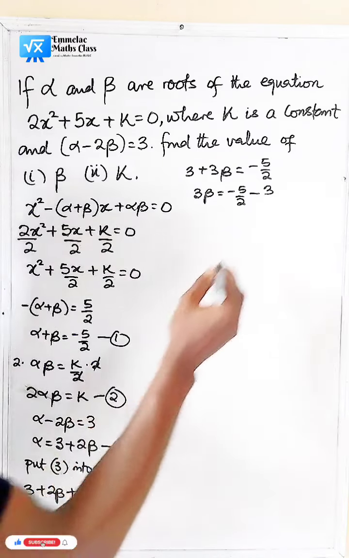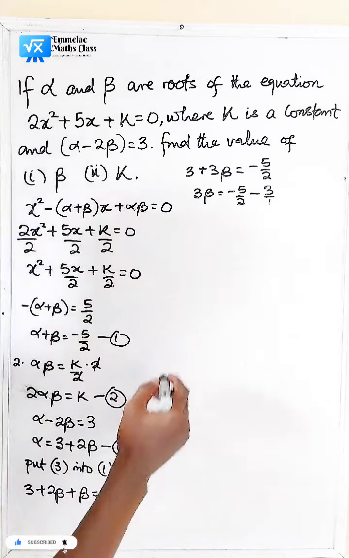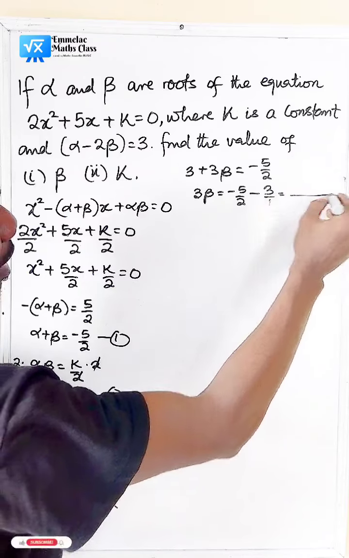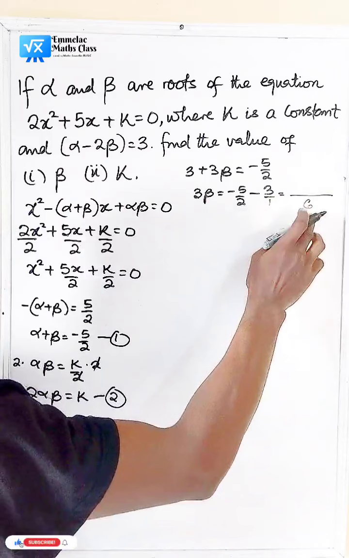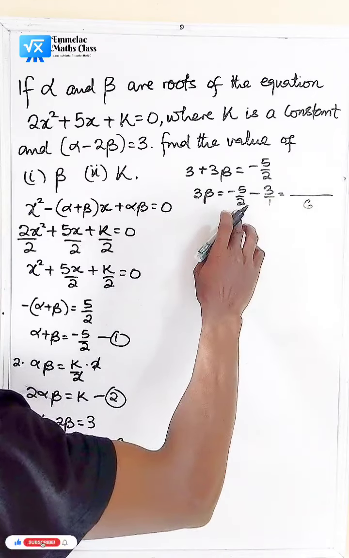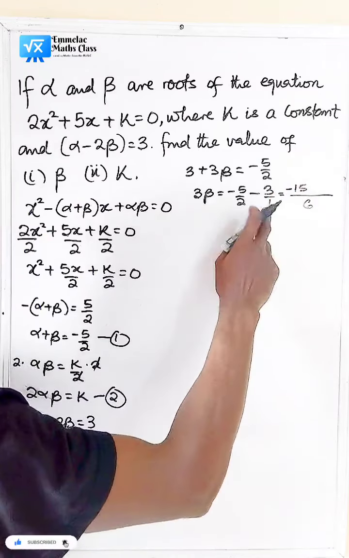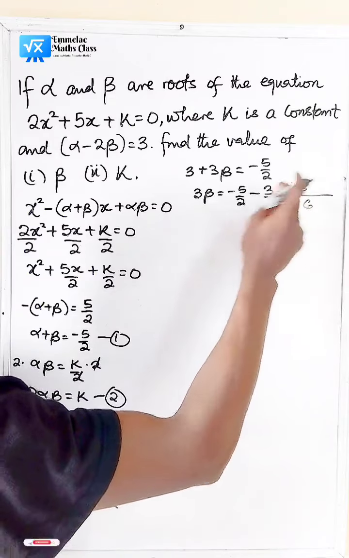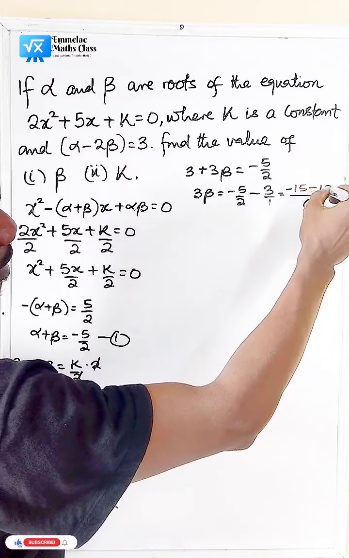Now take note that 3 is the same as 3 all over 1. Let us find the LCM, and the LCM here is 6. Now 6 divided by 2 is 3, so we have negative 15, then 6 times 3 is 18, so you have negative 18.